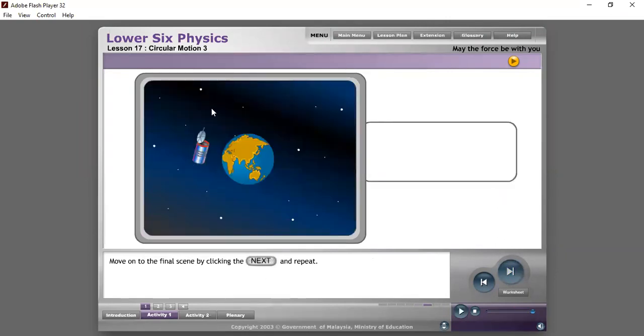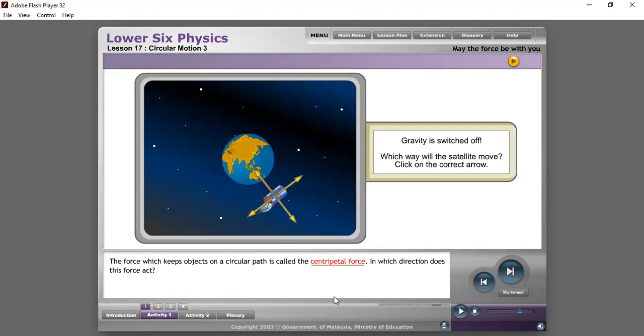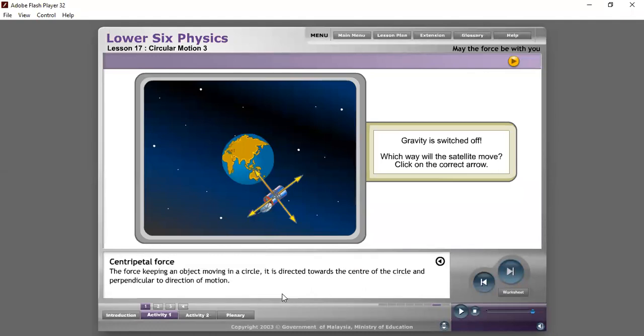Okay, now look at a satellite orbiting the Earth. The force which keeps objects on a circular path is called the centripetal force. In which direction does this force act? What is centripetal force?